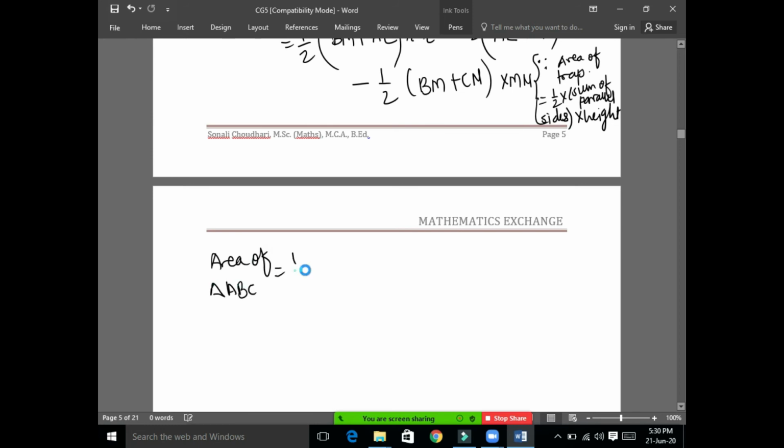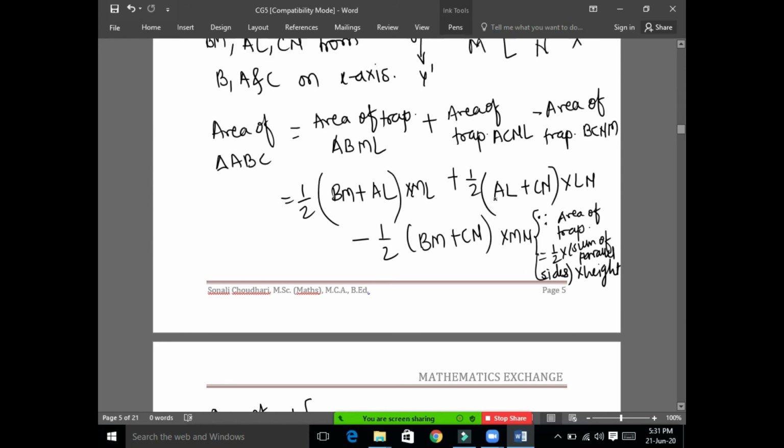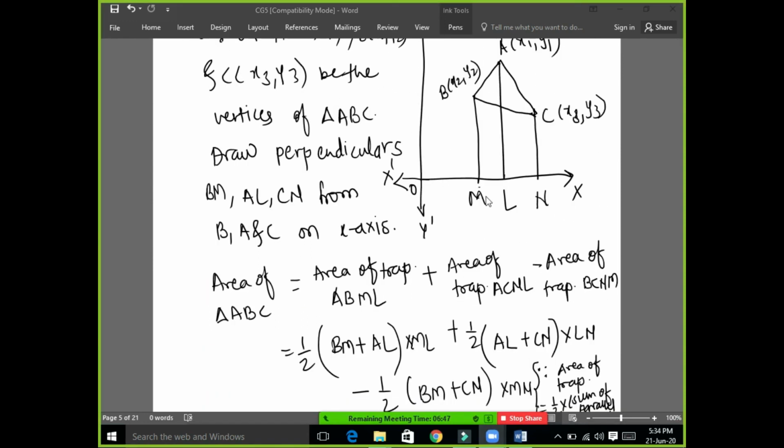So area of triangle ABC is equal to half into, BM is Y2, AL is Y1, into ML is X1 minus X2, because from the figure ML cannot be directly calculated. So for this we subtract OL minus OM, so we get ML. OL is X1 and OM is X2, so OL minus OM is X1 minus X2.